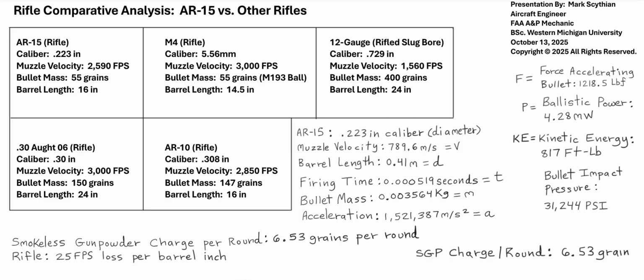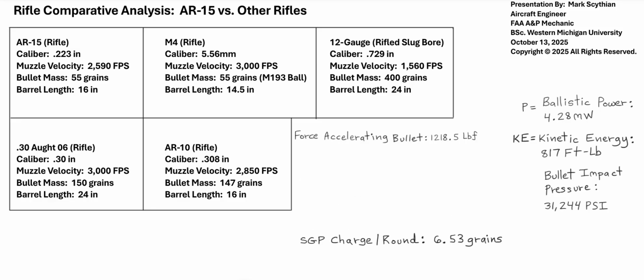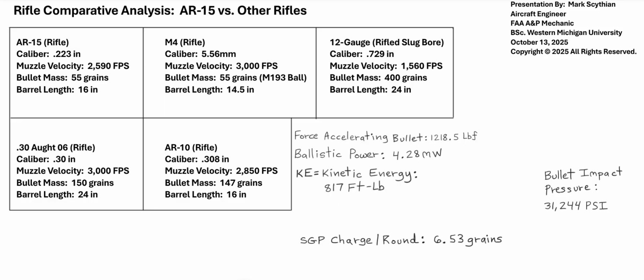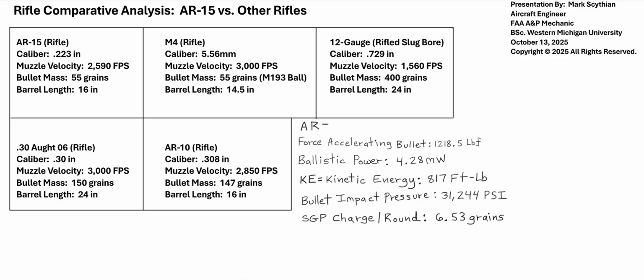I've seen the specs, but this is the minimum requirement so that the most optimized output is incurred without excess or waste of smokeless gunpowder. So 6.53 grains is the smokeless gunpowder charge for the AR-15 223 using the 55 grain round in the 16-inch barrel at 2590 feet per second. So we have all the specs here.